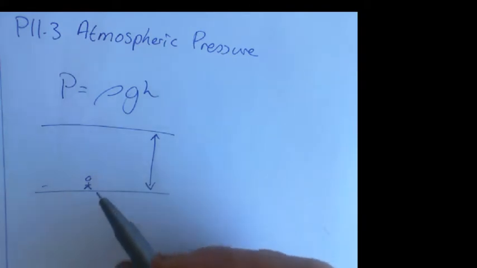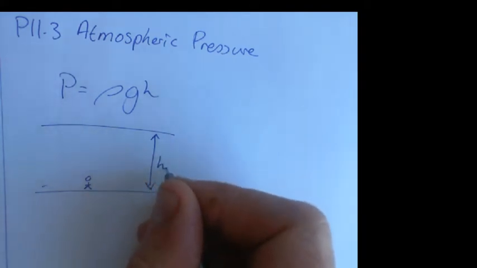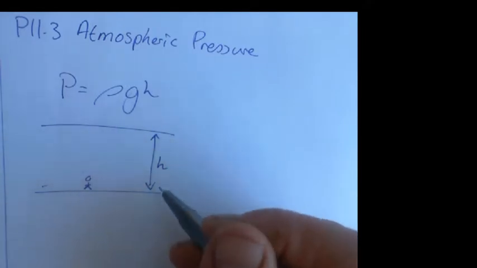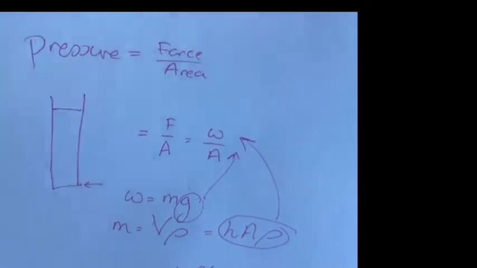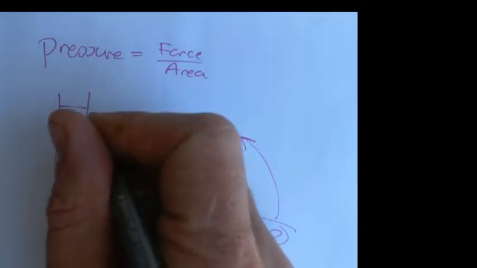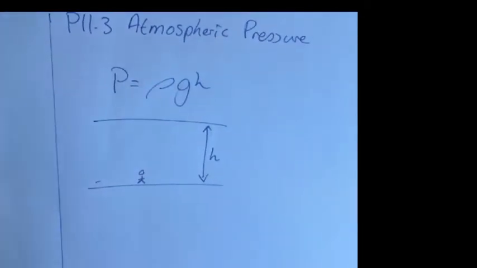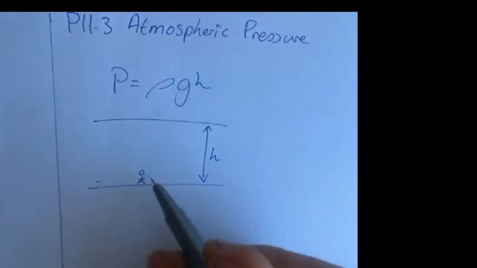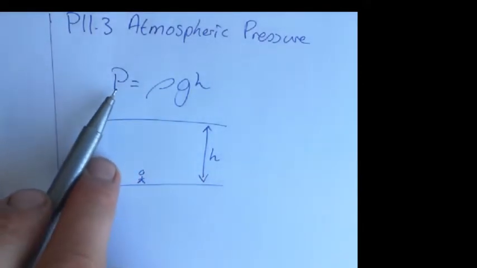So here's the person, here's the atmosphere. You are at the bottom of the atmosphere, okay? You have got the maximum height of atmosphere above you, just like the example with the canister, where you had the height of water above you. In this example, when you're on the ground, you've got the maximum amount of atmosphere above you, so you have got the most pressure from the atmosphere.